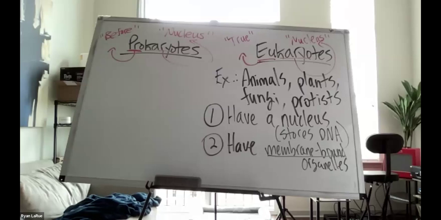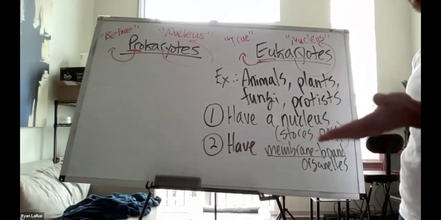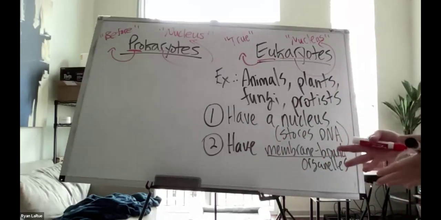Okay, well, let's address the organelle that is universal and necessary. Every cell needs these to be a living functioning cell. They're called ribosomes.